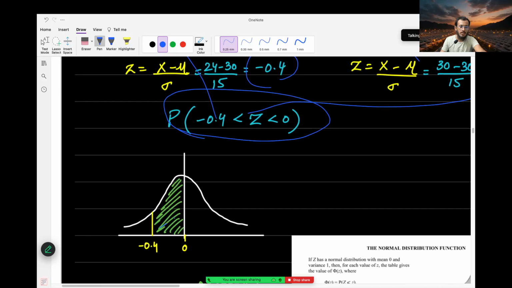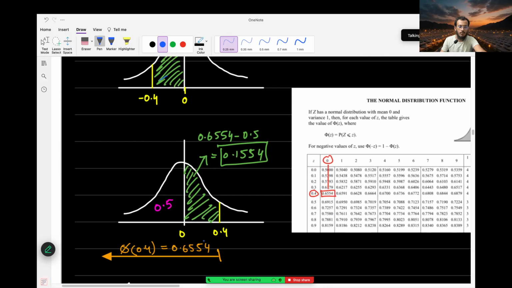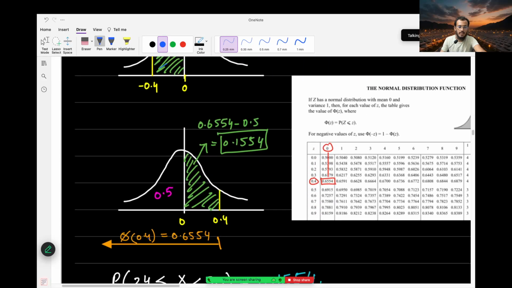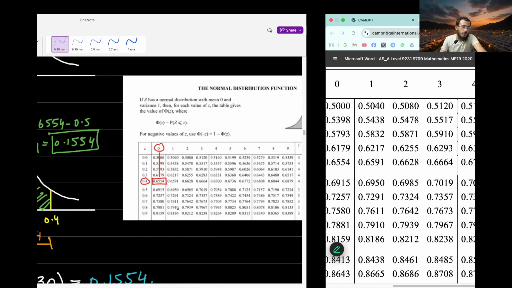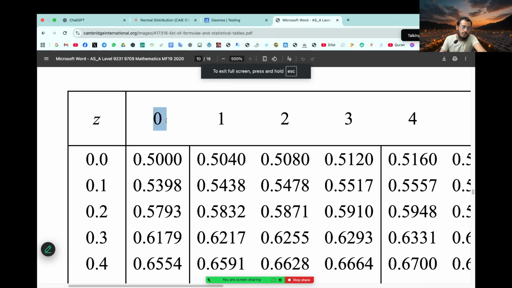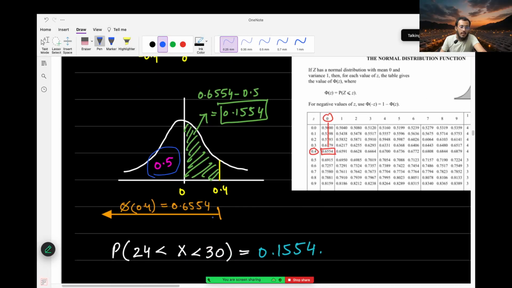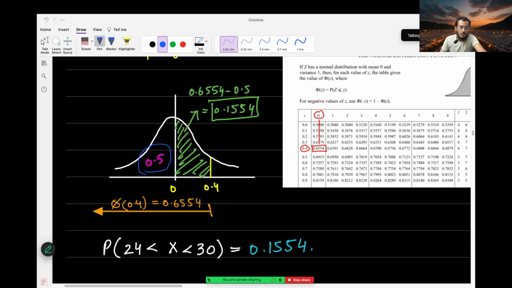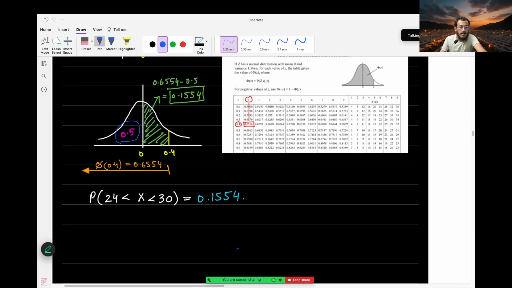You shade the region here, you flip the diagram for positivity, you find the table value of 0.4, and you don't need to find the table value of 0.0, right? You know it is 0.5. Then you subtract 0.5 from this thing and you find the answer.